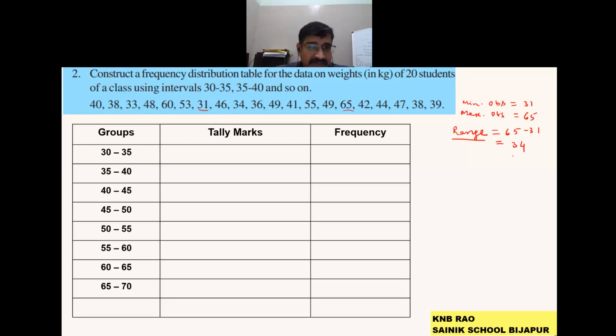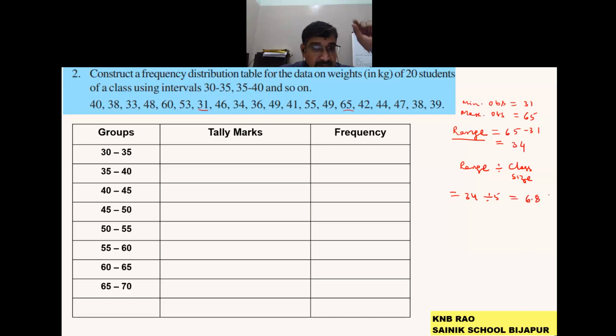When the minimum observation is 31, I need not take 0 to 5, 5 to 10, 10 to 15, 15 to 20, 20 to 25, 25 to 30. So I straight away start from 30 to 35. Range divided by the class size I have decided: if I decide class size as 5, 34 divided by 5 gives 6.8.